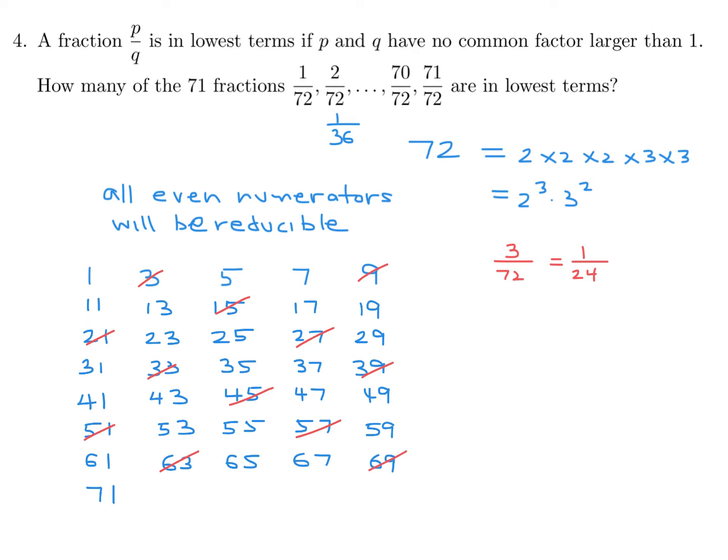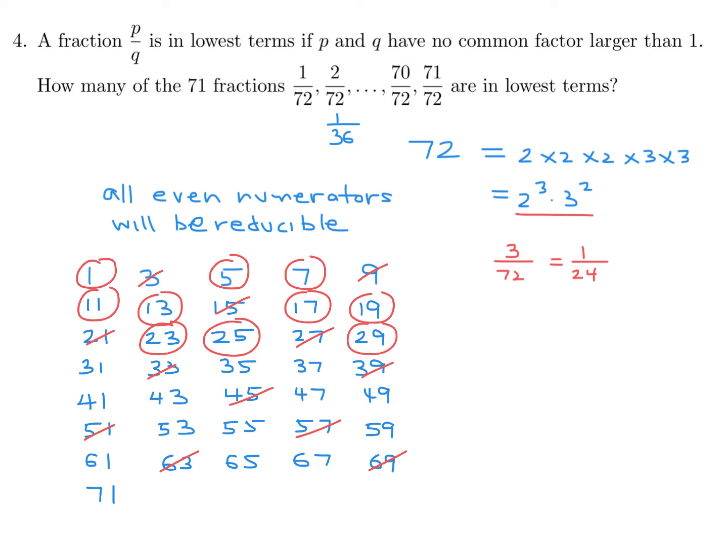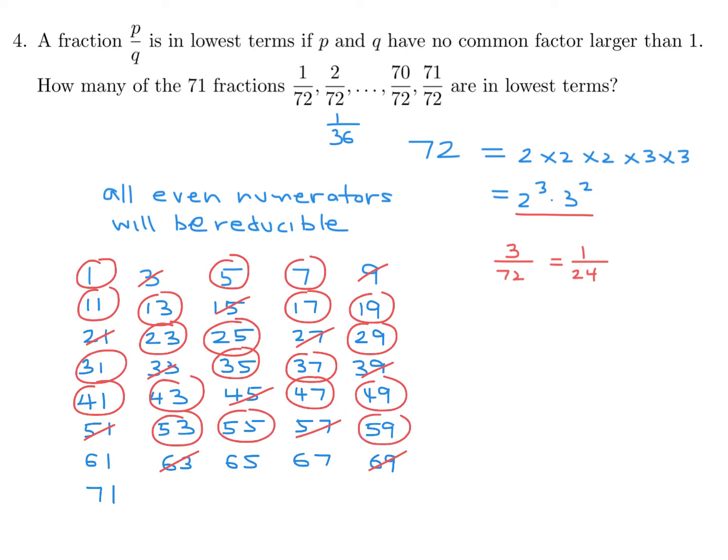I'm trying to think here. Is there any other scenario? Just multiples of 2 and multiples of 3, right? Okay, well, let's count what's left. 1, 2, 3, and so on up to 24.